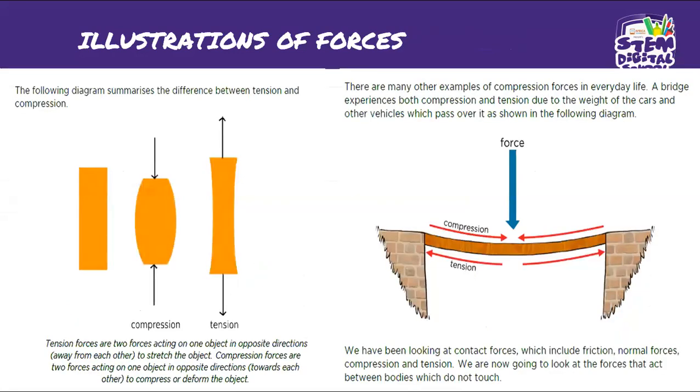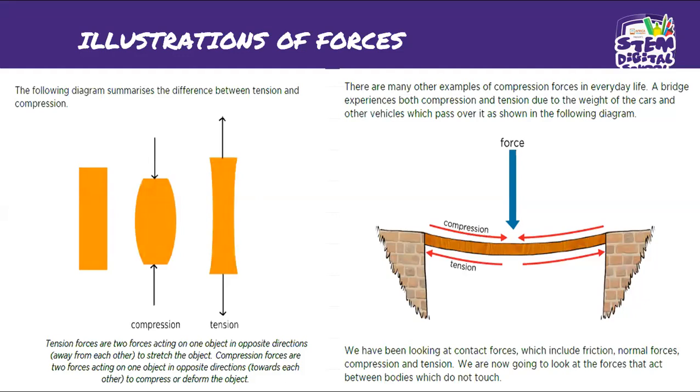Now these are other forms of contact forces, illustrated. We have tension forces: when you have a material and you are pulling at both ends. Then compression, another illustration, when you are pushing in. So compression is pushing in from both sides and tension is pulling out.